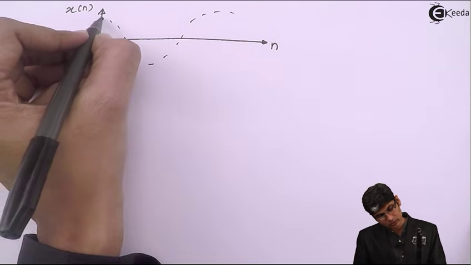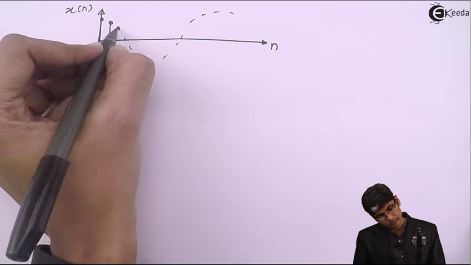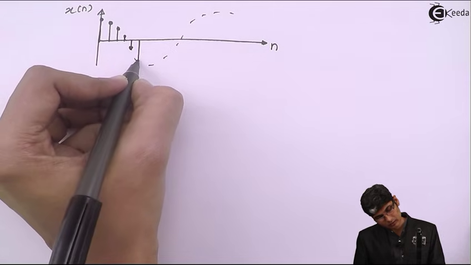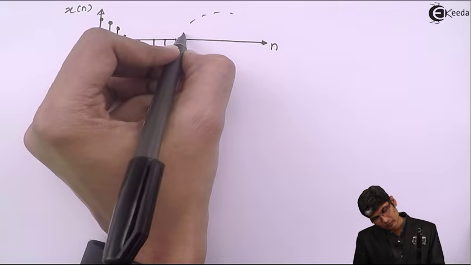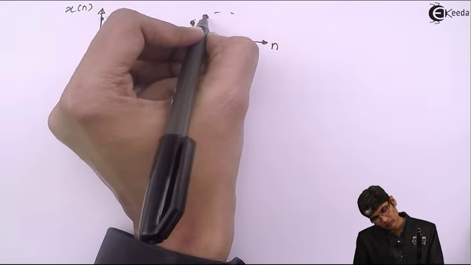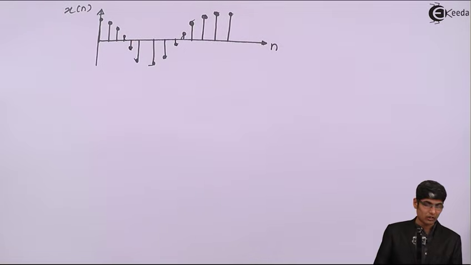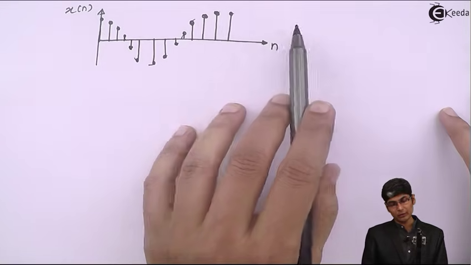So I am considering a cosinusoidal waveform, and these are my amplitudes. Now this is going till infinity. So this will be going to infinity.